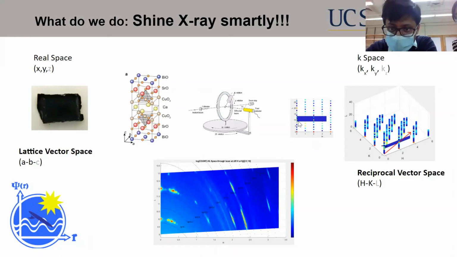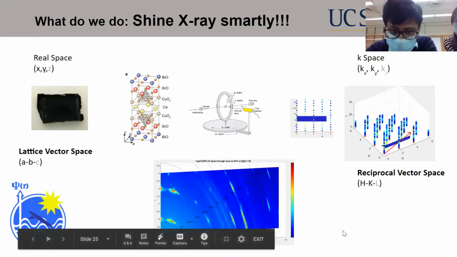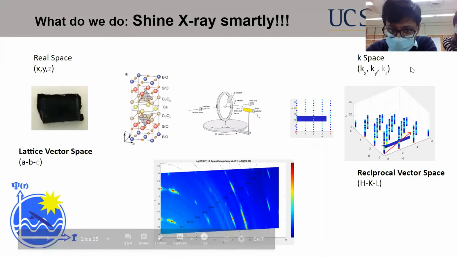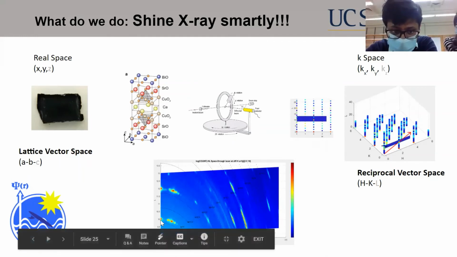So four intensities is what we expect to see in this blue patch. But this is what we see, this monstrosity. We see the 10 and 12 at H equal to 0.